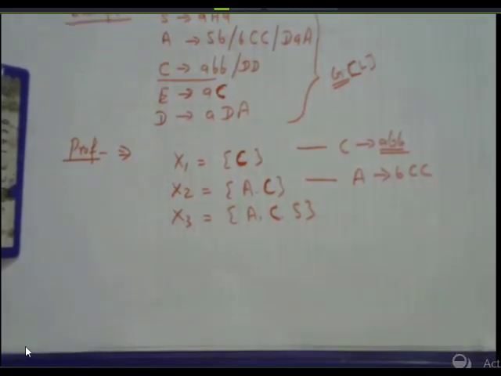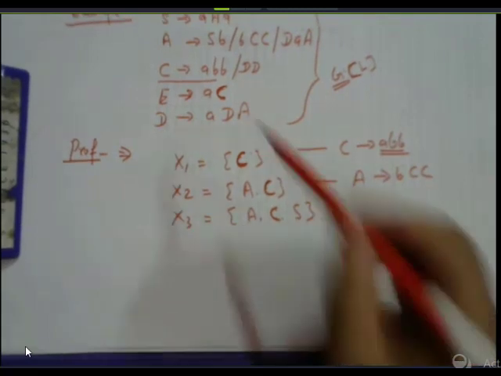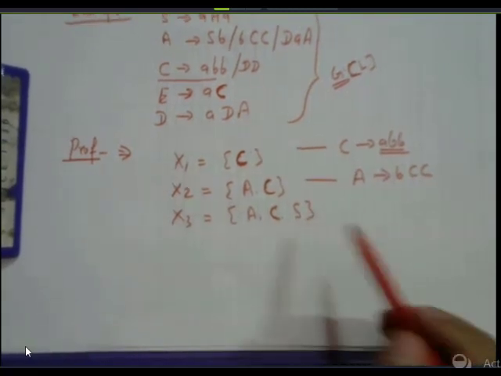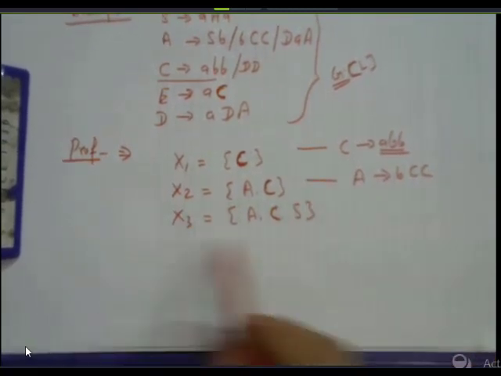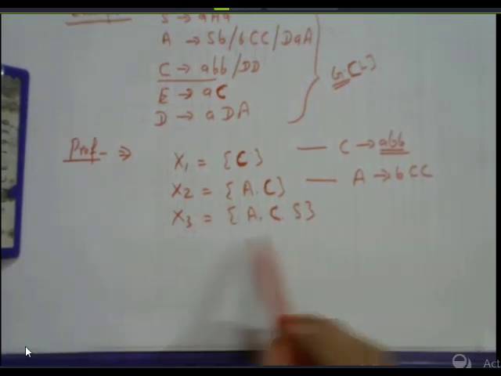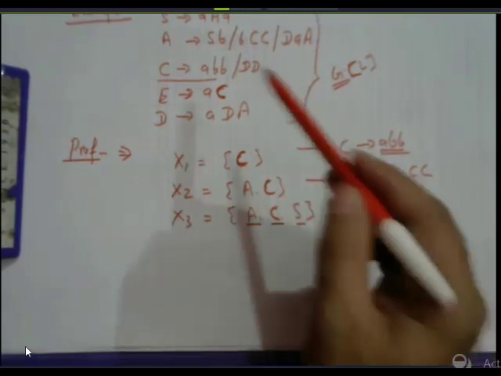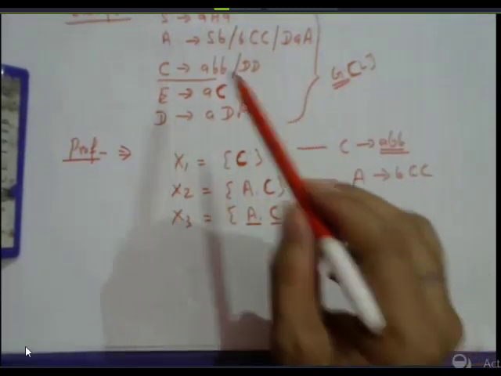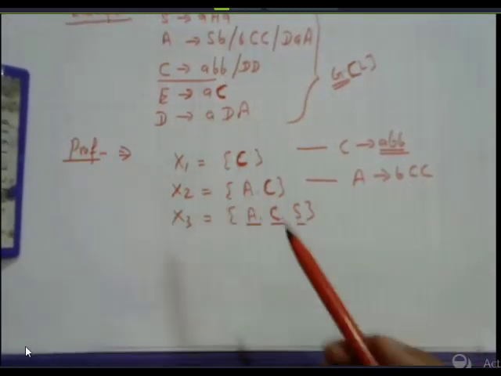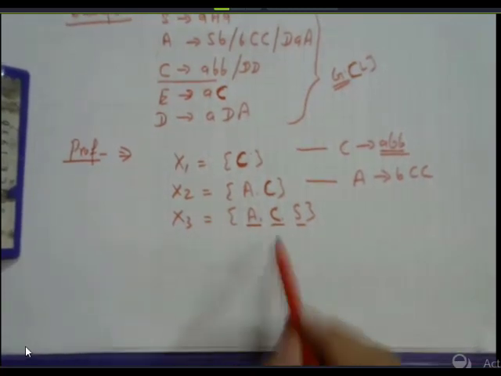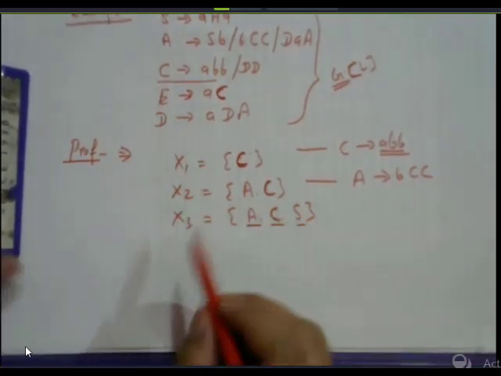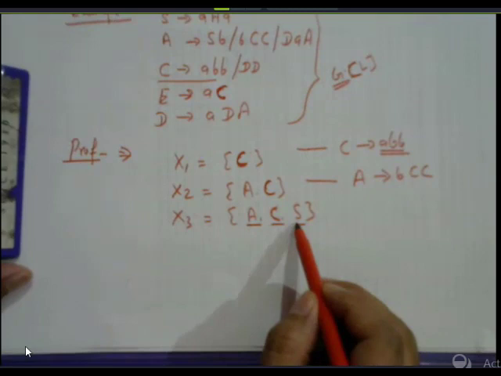Now what is the valid production of the grammar for deriving the language? According to this theorem, we can prove that the symbols A, C, and S are in the production. Then from this grammar we want to find the correct production rules according to the theorems. Now the first production rule, S is the start symbol, so the first production is valid.